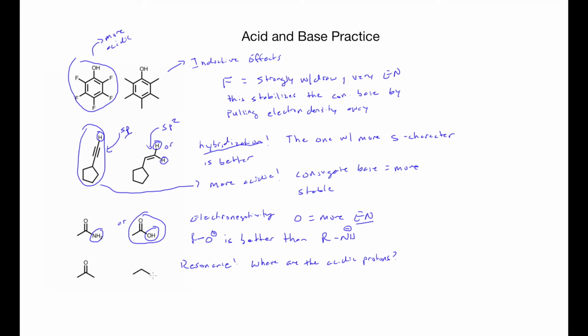And so what are the acidic protons that we're talking about? Well, really, in the one here on the right, it's any of the CH bonds that we have. And the one on the left, we're looking at the end CH bond. So any of those three that are on either side.